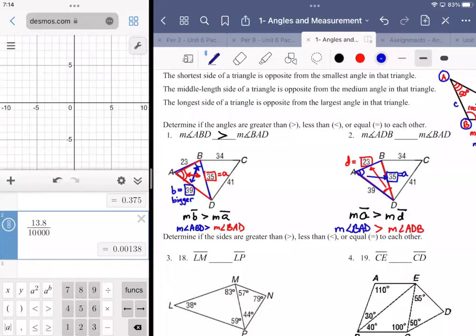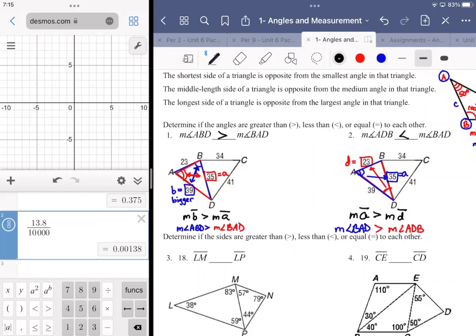All right. So the measure of BAD is bigger than ADB. But the way they pose the question is the reverse of that. So I would have to think about it and say, all right, well, if BAD is bigger than ADB, that also means that ADB is smaller than BAD.